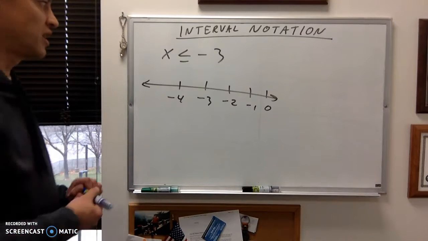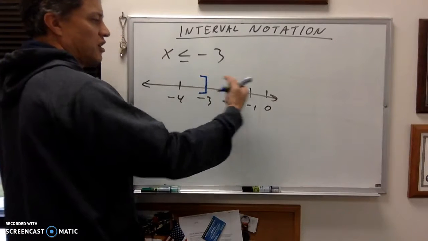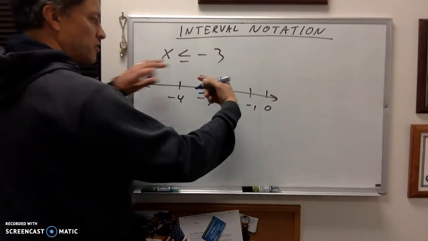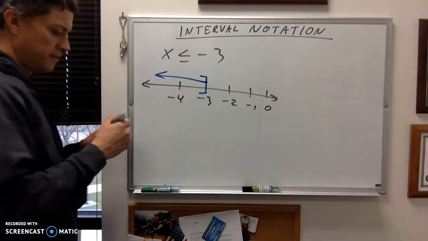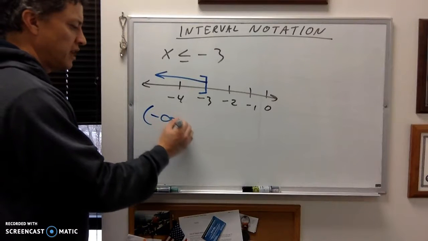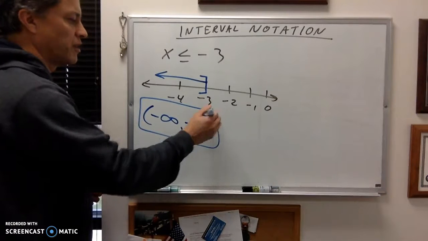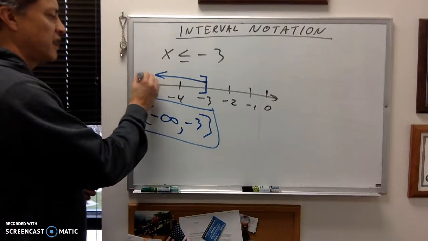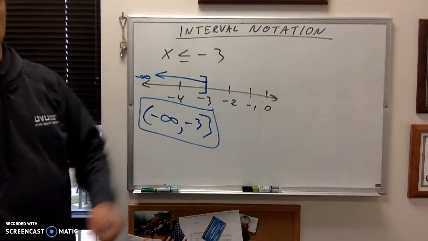Hopefully you guessed bracket just now. And you're right. It'd be a bracket, and it's going to move to the left this time. That's why I've got this bracket opening to the left direction. And it's all the values less than that. So your answer would be from -infinity to -3 with a bracket, not a parentheses. And the reason it's -infinity is because we're going to -infinity as opposed to a positive infinity.